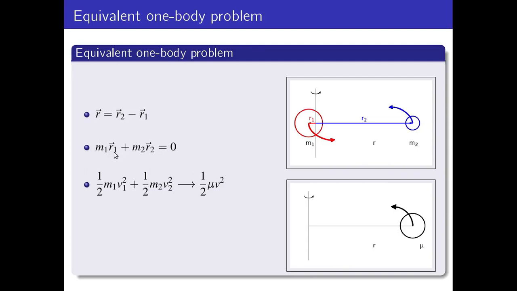And r1 and r2 can be written in terms of r by using these two formulas, and one can find v1 and v2. Then one can find the relation between these two formulas, and by using that relation one can find the reduced mass mu as m1 times m2 over m1 plus m2.